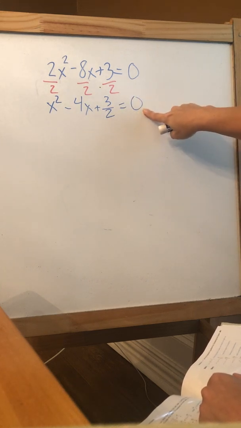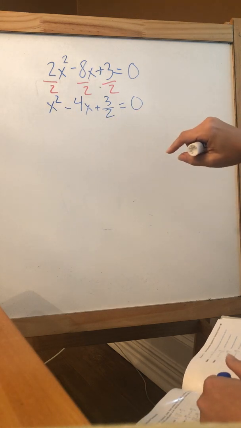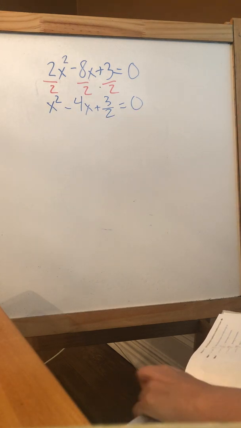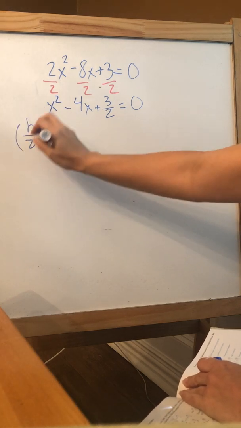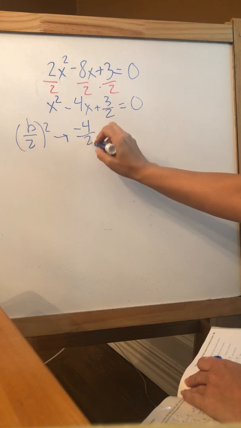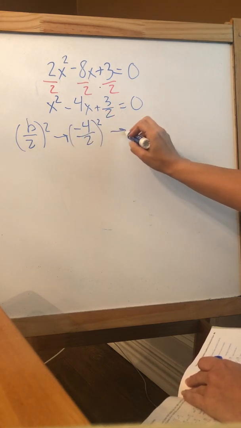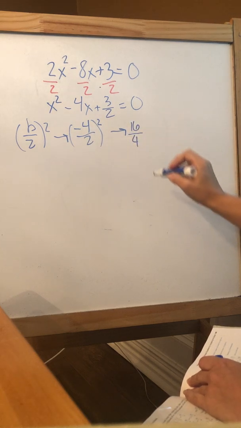Now we need to move this to the other side and find a new c value so that we can solve completing the square. So our c value is going to be, again, b divided by 2 squared, which is -4 divided by 2 squared. That's going to give us 16 over 4.